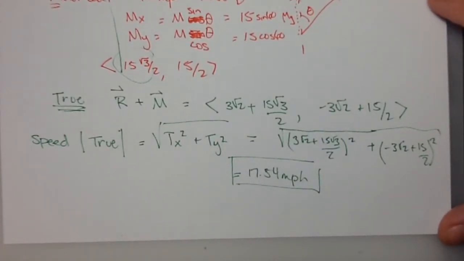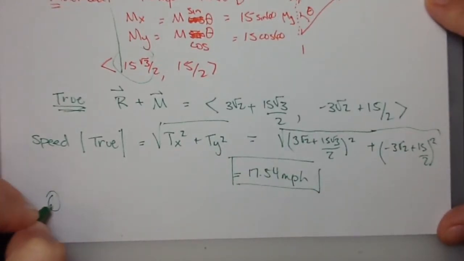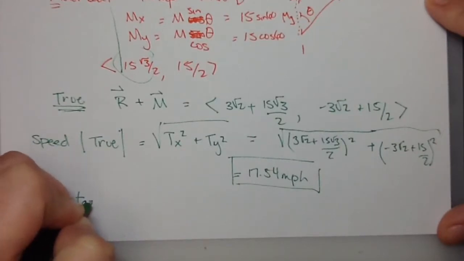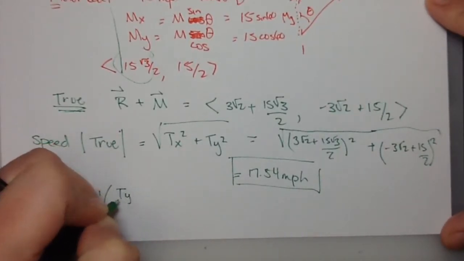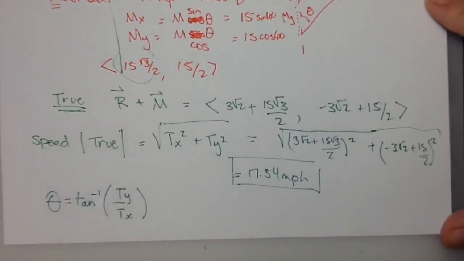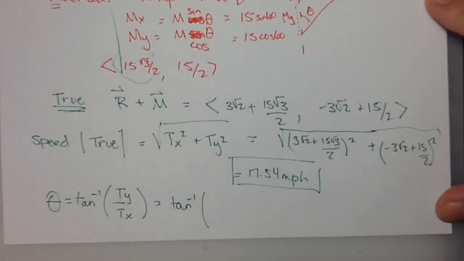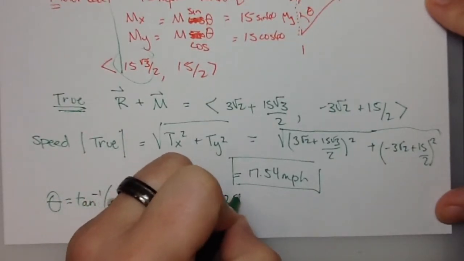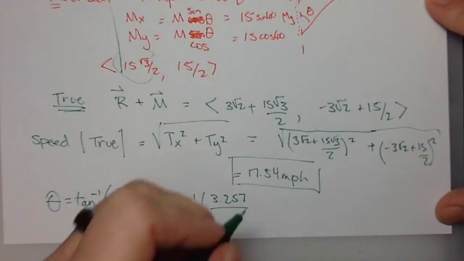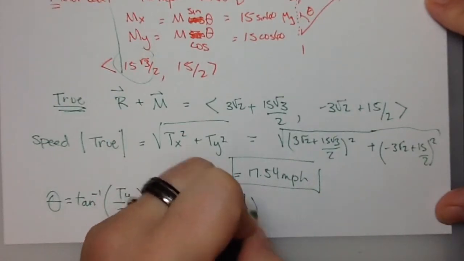And the last question they ask us is about finding the bearing of the true velocity. We know theta is the inverse tangent of the y component over the x component. So this is the inverse tangent of 3.257 over 17.23.